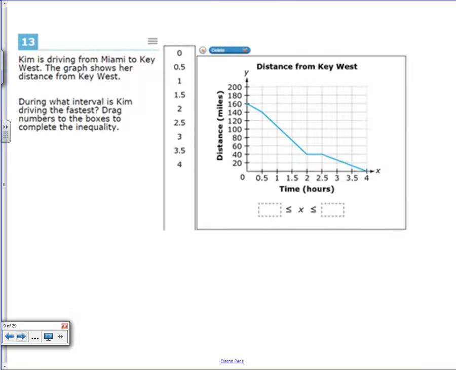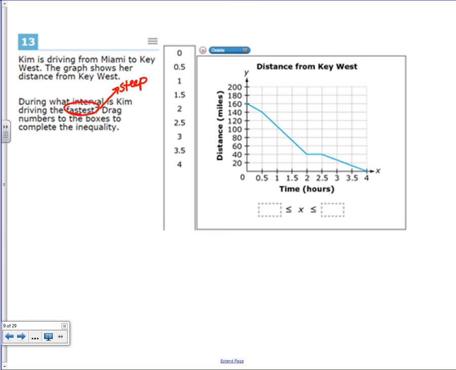All right, moving to number 13. Kim is driving from Miami to Key West. The graph shows her distance from Key West. During what interval is she driving the fastest? So fastest means it better be steep because we would have a large slope or a high rate of change. So where is she driving the fastest? Where is it steepest?